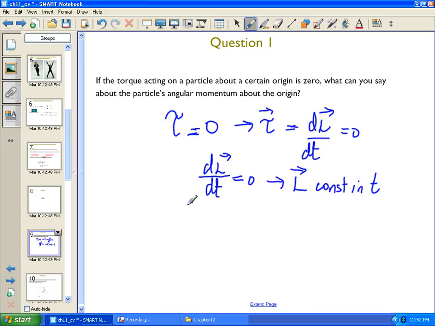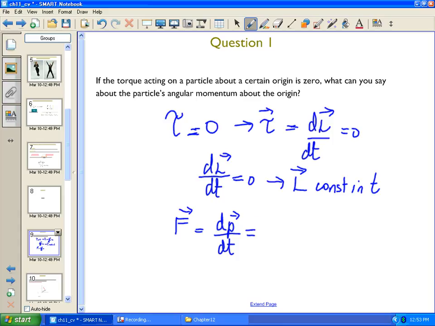Well, this isn't much different than the ideas that we had back in Chapter 9 when we said that Newton's second law can be given as the force equals the time derivative of momentum, okay?